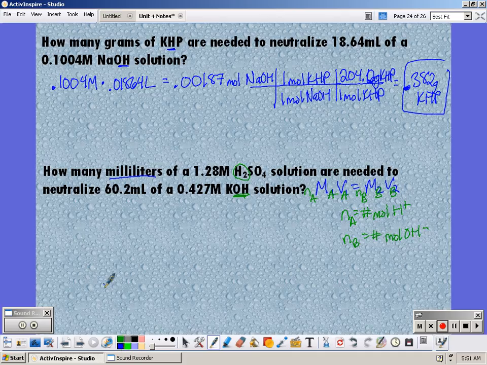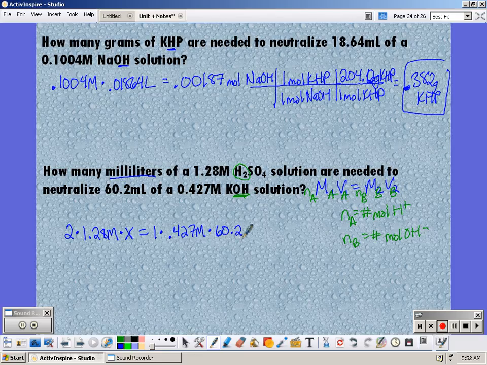We have 2 hydrogens for our acid solution, so we would say 2 times the molarity of our acid, 1.28 molar, and we're trying to find the volume. The number of hydroxides in our base is 1. The molarity is 0.427, and our volume is 60.2 milliliters.